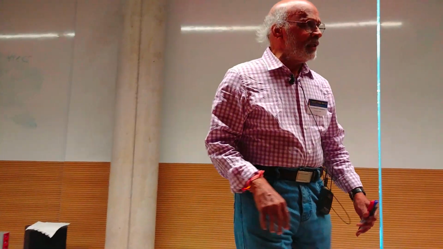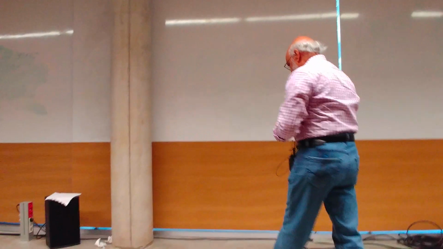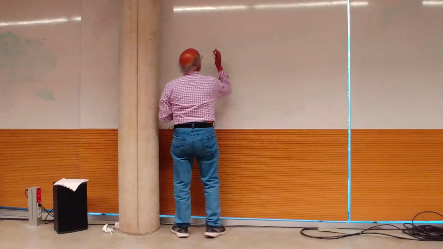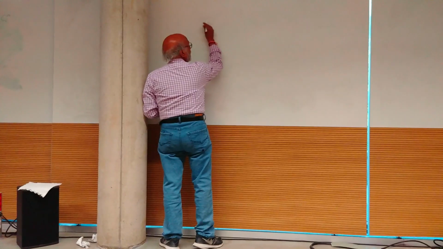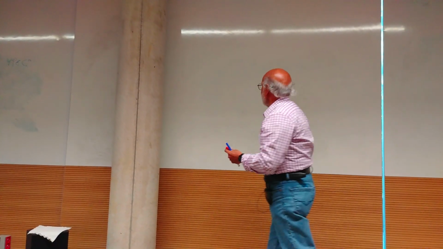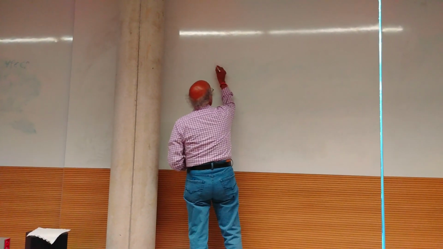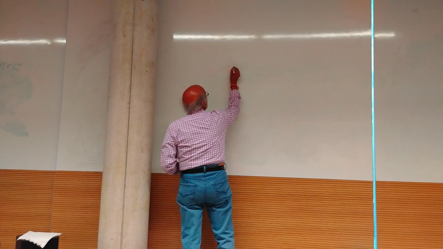I will try to do it in the given time. So let me avoid writing the Polyakov action. We all know it's the very famous Polyakov action for bosonic string theory.